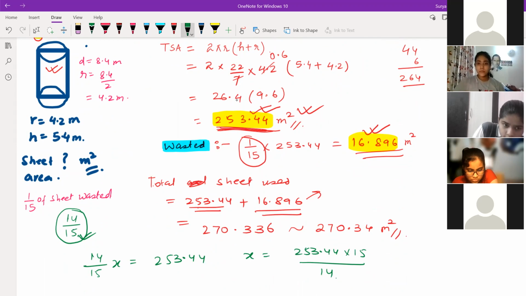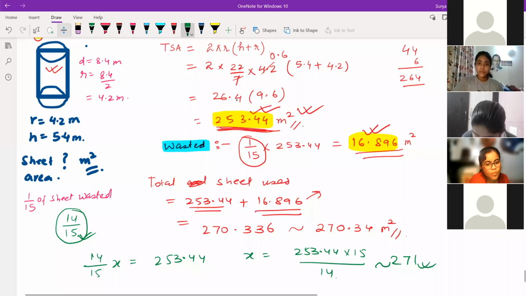Let me check. 253.44 multiplied by 15 whole divided by 14. 271. Something is mismatched here, it's not coming exactly, but some small thing is coming. 271, it's approximately the same only. Yes, sir. Fine. This is also a method.